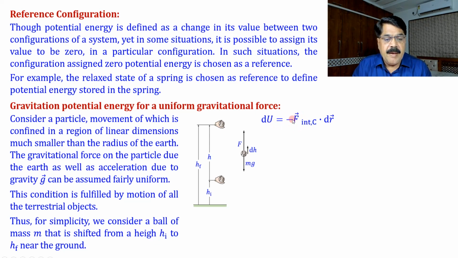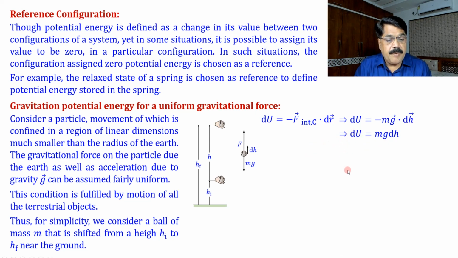So for F conservative we put mg vector, and for dr vector we substitute dh vector. So this will be dU equal to minus mg vector dot dh vector. Now you can see mg vector and dh vector are opposite. So this dot product will be minus mg dh, and this minus sign and that minus sign will become positive. So dU is equal to mg dh.